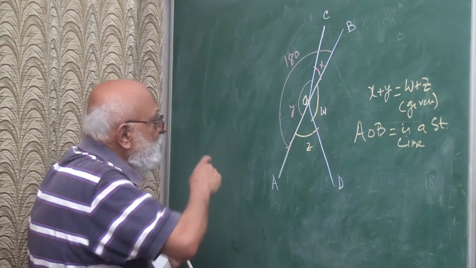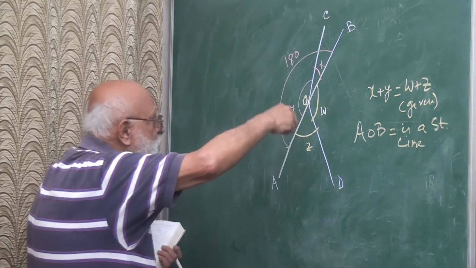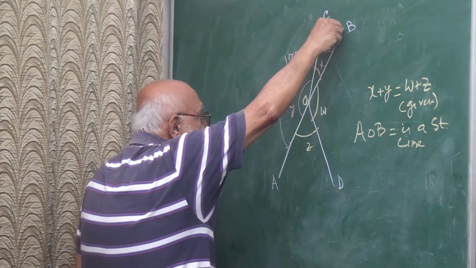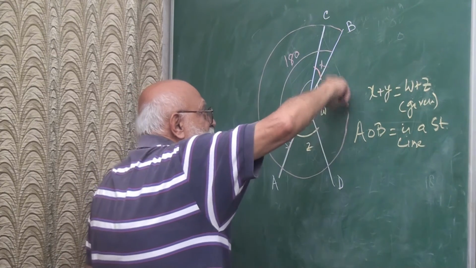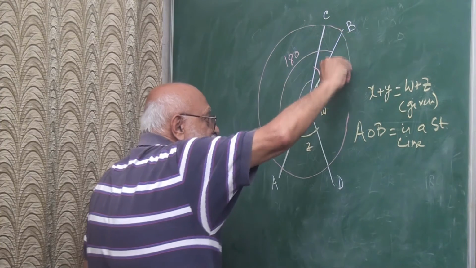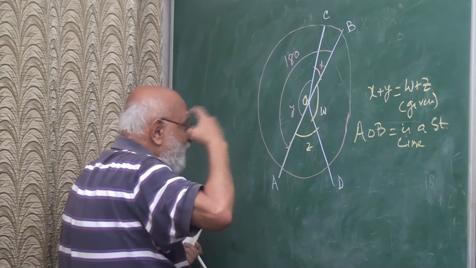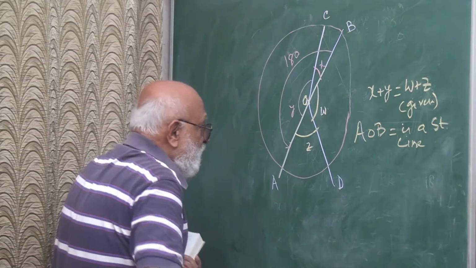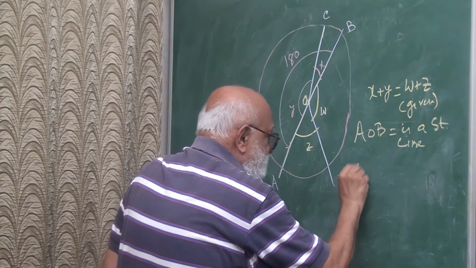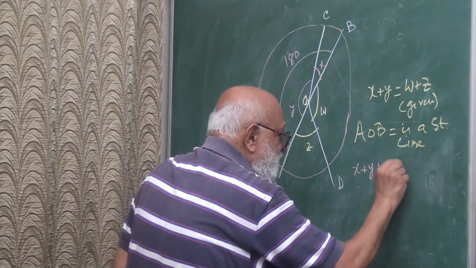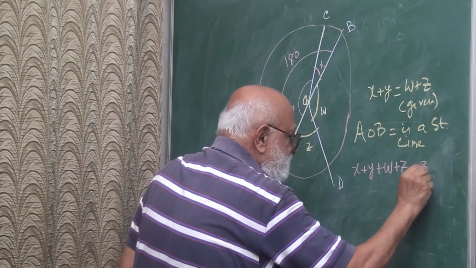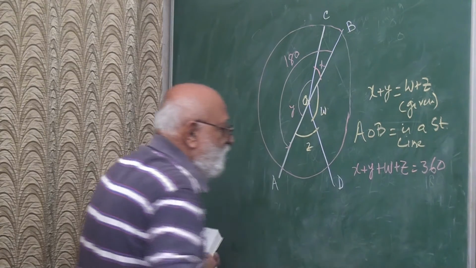Now I can always look at the whole thing again. If I start from this end, go around and complete the whole circle, this is a complete circle. So I can easily write X plus Y plus W plus Z is equal to 360. There is no problem on this.